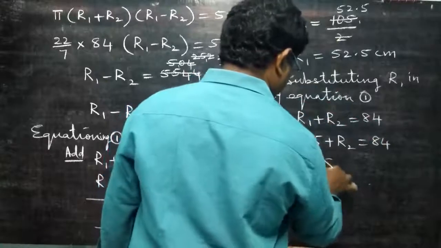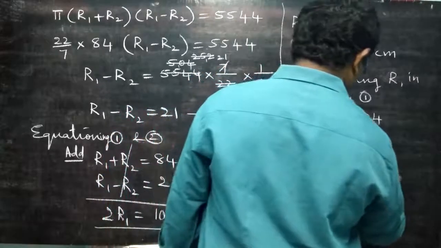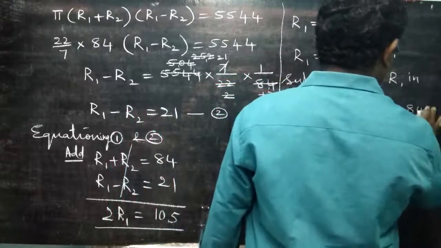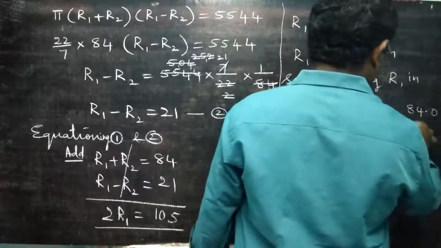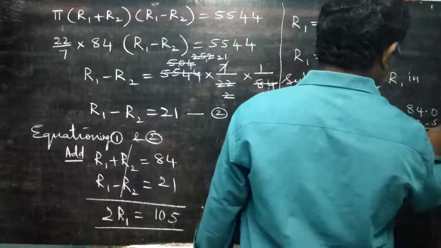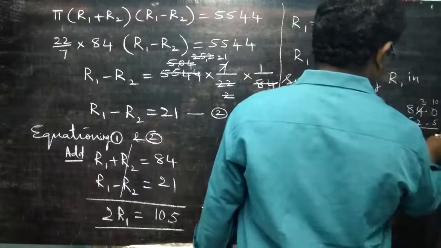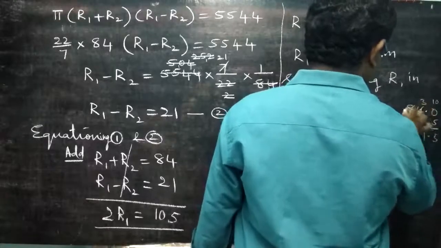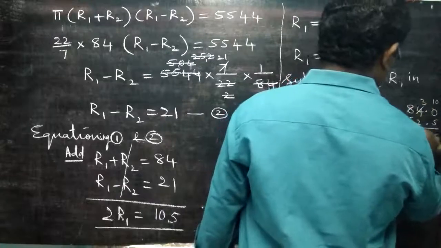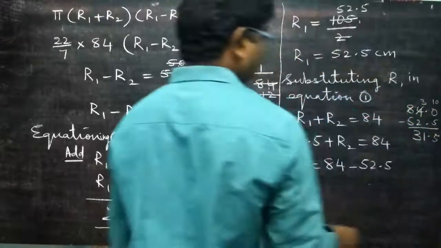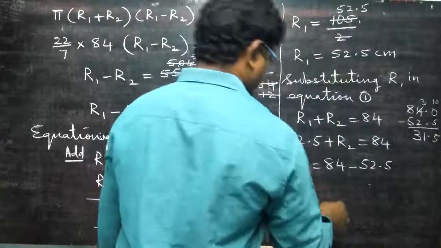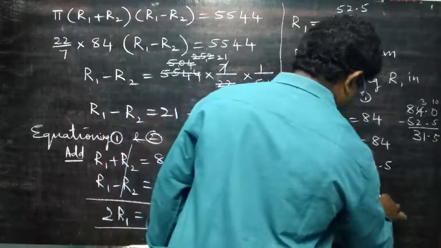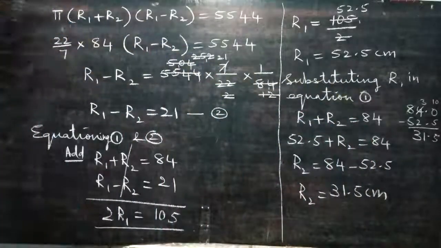R2 is equal to 84 minus 52.5. So 84.0 and subtract 52.5. Here 5 will be there, decimal here, from 8 you'll get 3. So 8 minus 5 is 3. R2 you got as 31.5 centimeters.